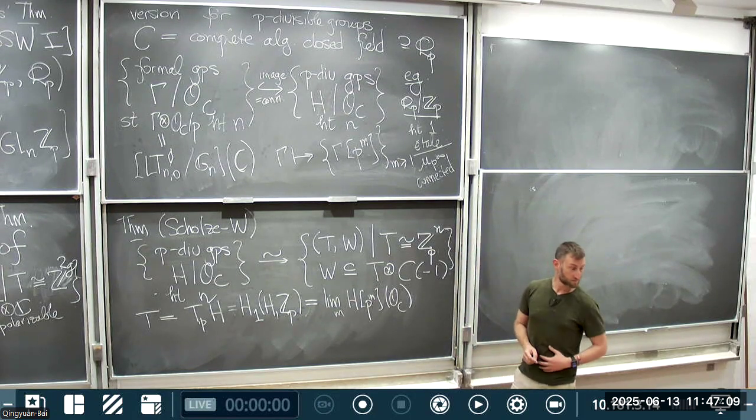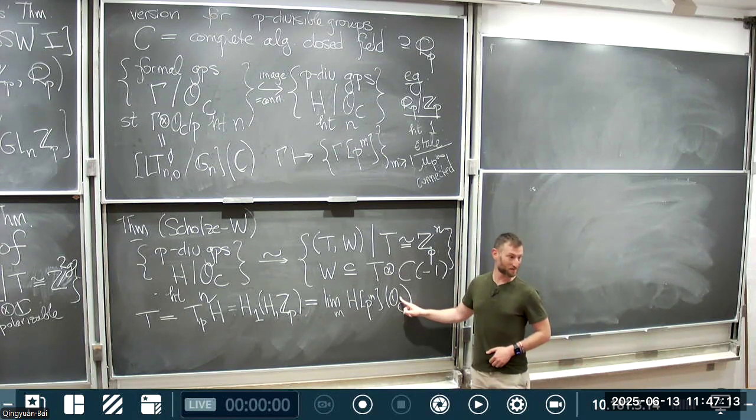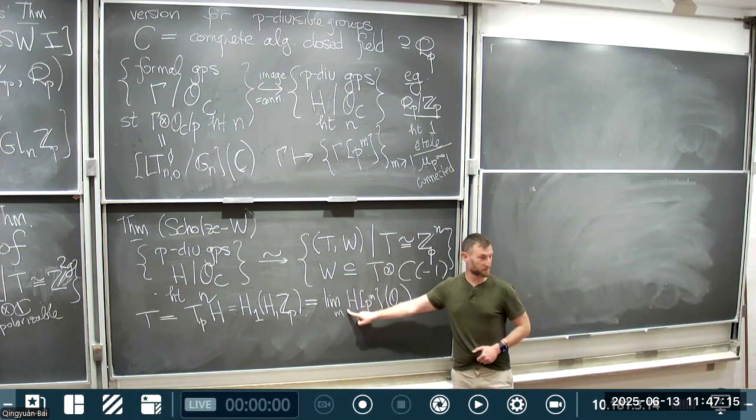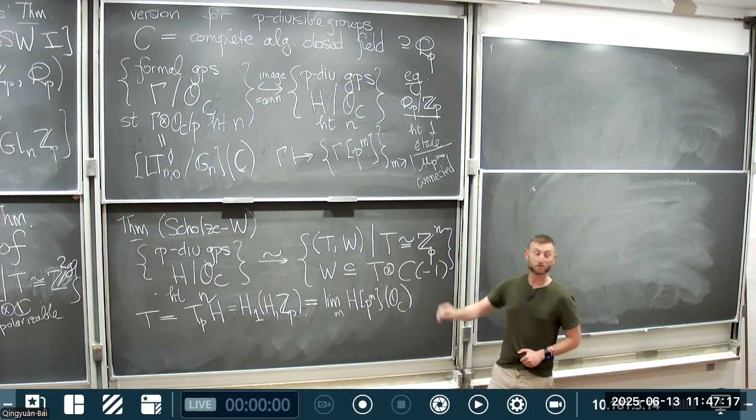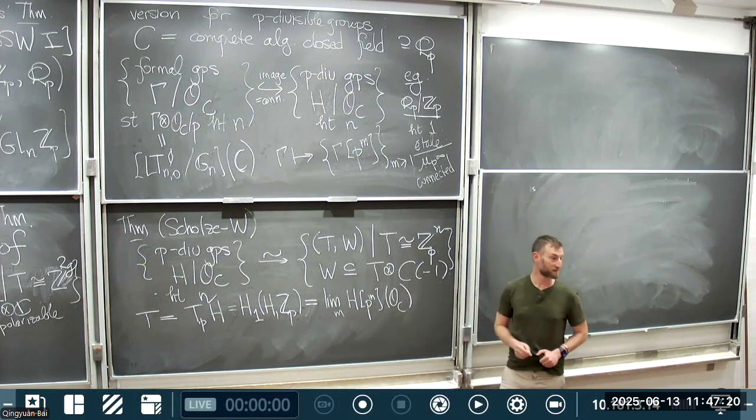Does this make sense because it's also C points? It's also C points. That's true. These are finite group schemes, and OC is integrally closed in C, and so yes, it's also the C points.